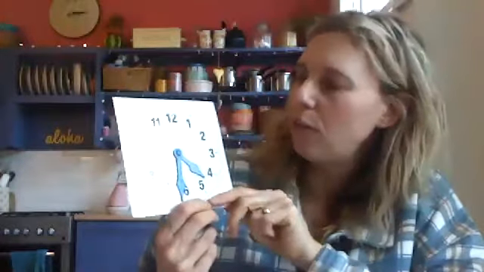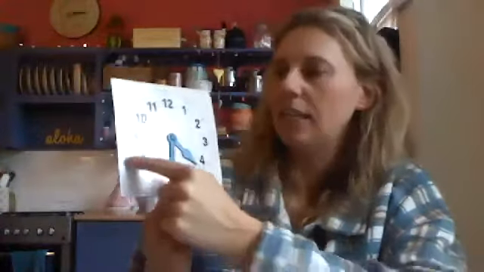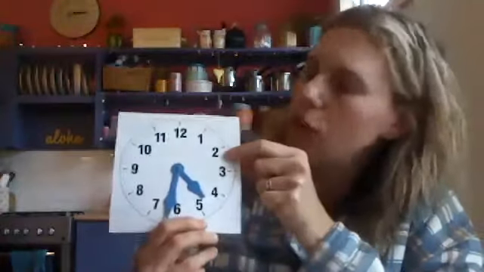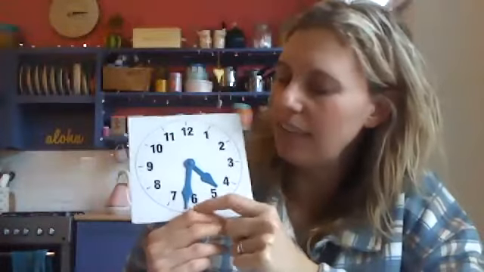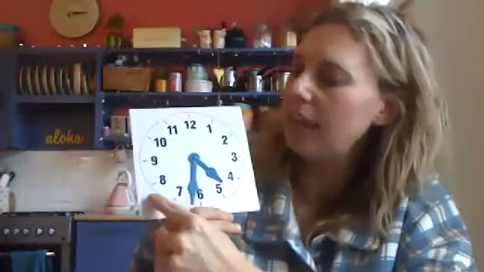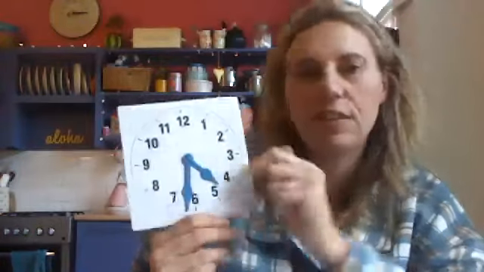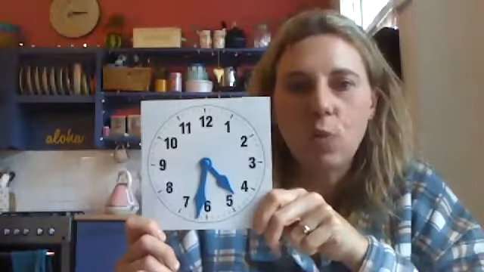And if we have a look on the clock, we can see that there's numbers on the clock. Should we have a look what numbers there are? There's 1, 2, 3, 4, 5, 6, 7, 8, 9, 10, 11, and 12. And on an analog clock like this, we always have 12 numbers.